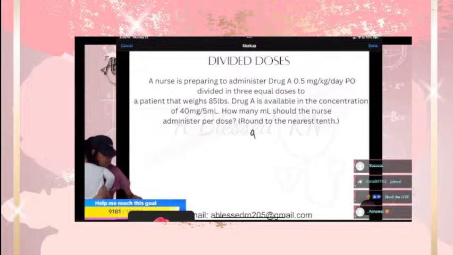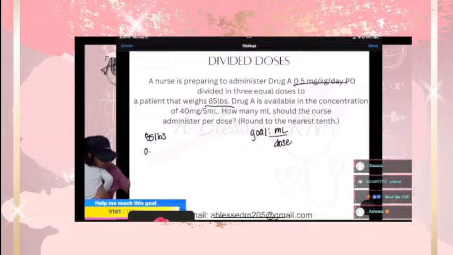So our goal is milliliter per dose, right? We have patient's weight, so 85 pounds. The prescription is 0.5 milligrams per kilogram per day.